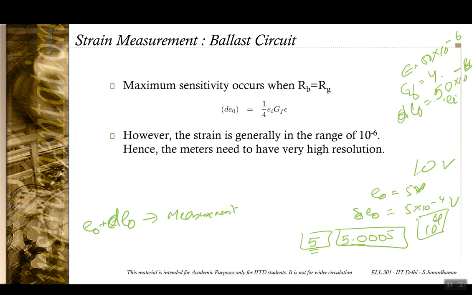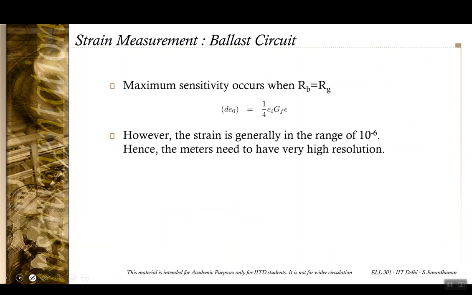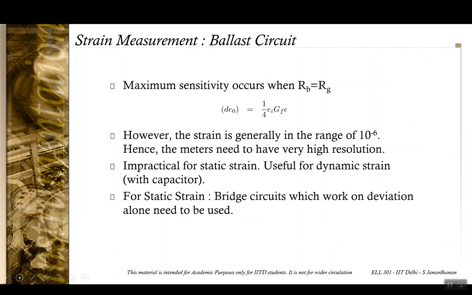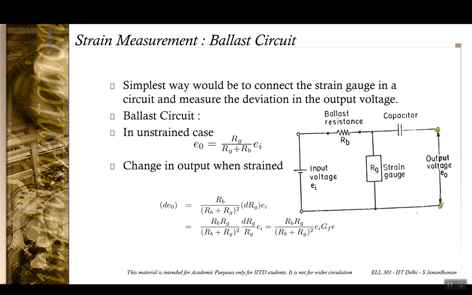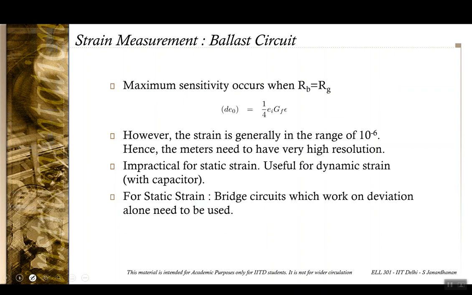That's not possible, and hence this ballast circuit seems to be useless if you are going to measure static strain. However, it can be used to measure dynamic strain by using a capacitor. You can easily detect change in strain. So the ballast circuit can be used to measure dynamic strain. However, for static strain, you have to use some other circuits.